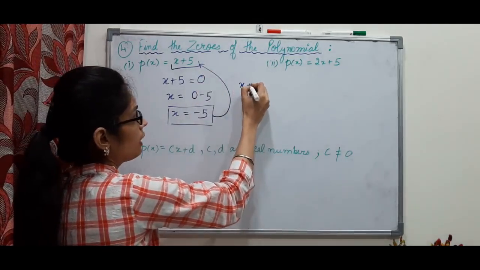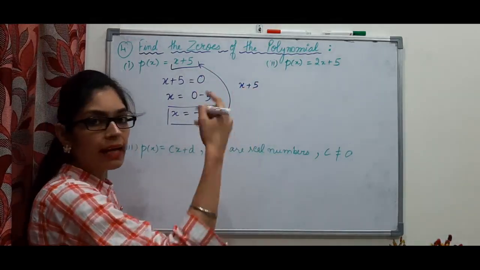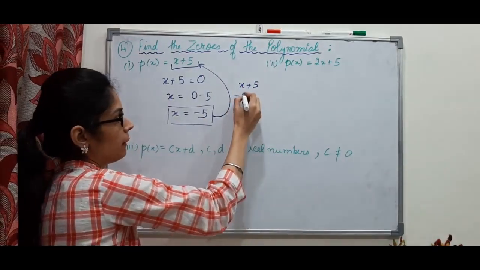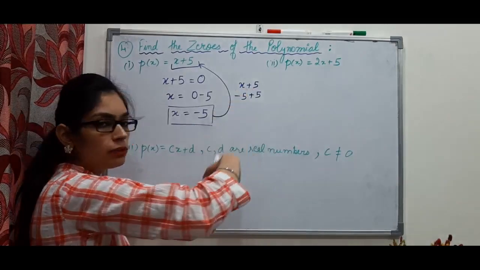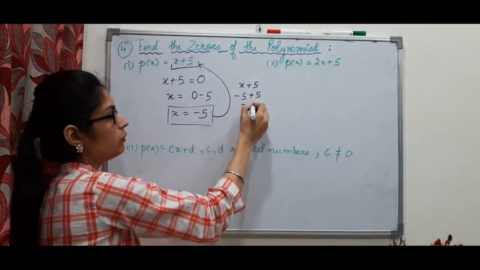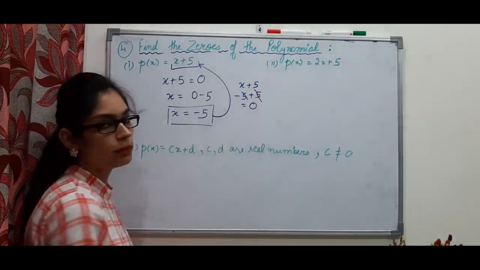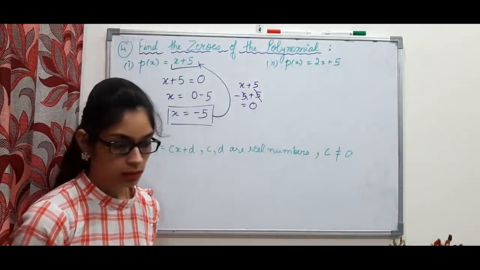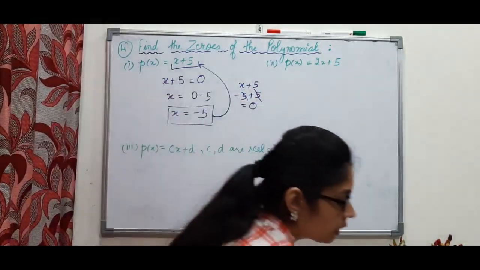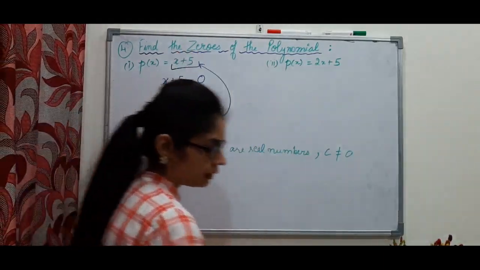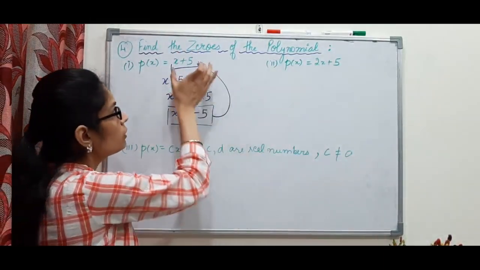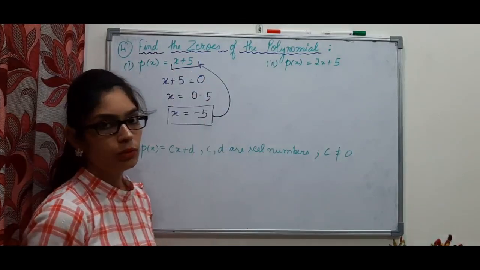So x plus 5, I'll write the value of x as minus 5, so minus 5 plus 5 I'll get equals to 0, because same numbers with opposite signs will get cancelled. So here we got x equals minus 5 as the 0 of this polynomial. Simple, you just have to write this polynomial equals to 0.